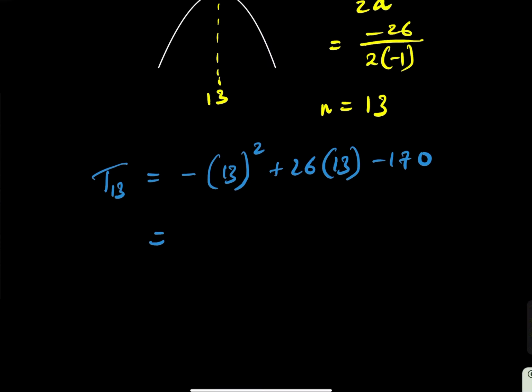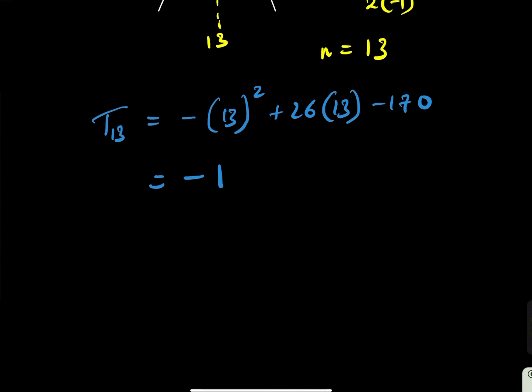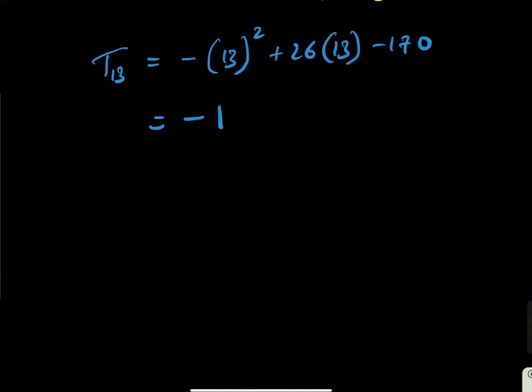I'm getting a negative 1. So think about it, this is the maximum term they are talking about: T13 is equal to negative 1. This is the maximum one.